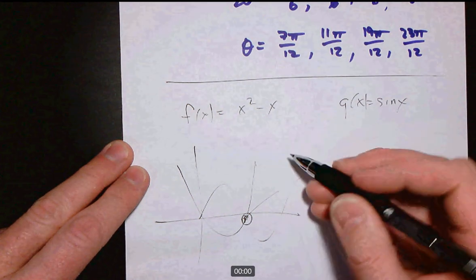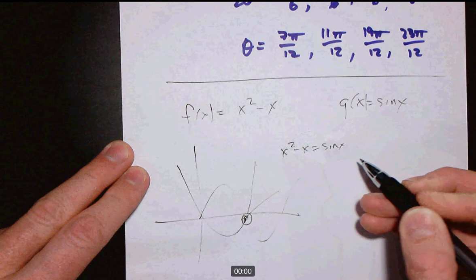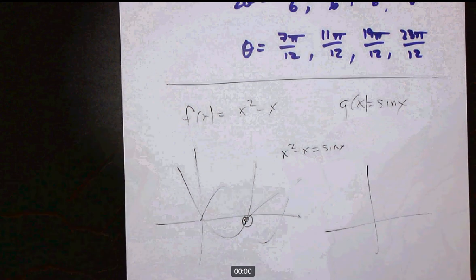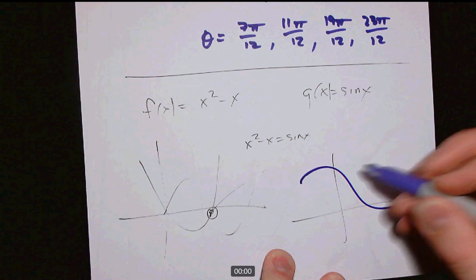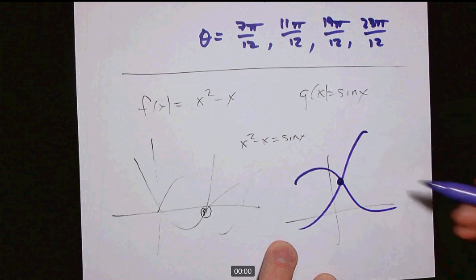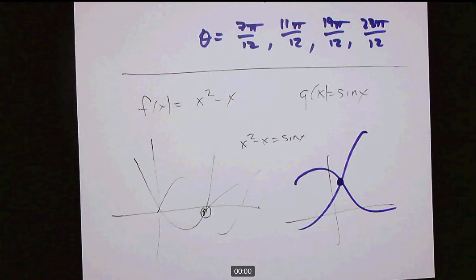So that's why we can just set x squared minus x equal to sine x. In polar, it's possible for two functions to pass through the same point, but that point have different coordinates for the two functions. And so you have to take that into consideration when you're trying to find intersections of functions in polar coordinates.